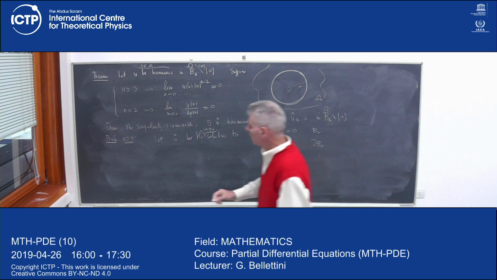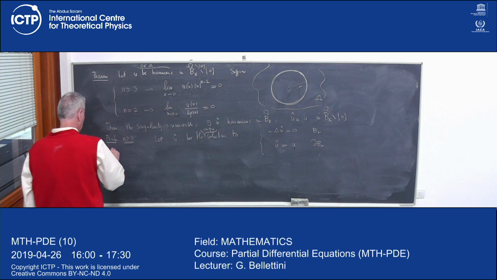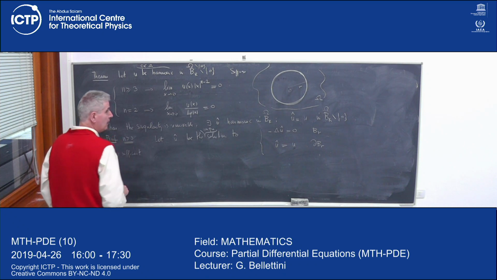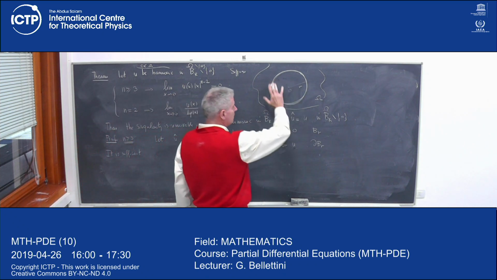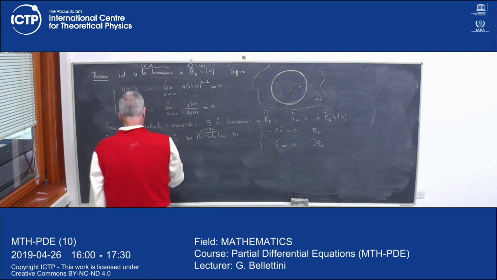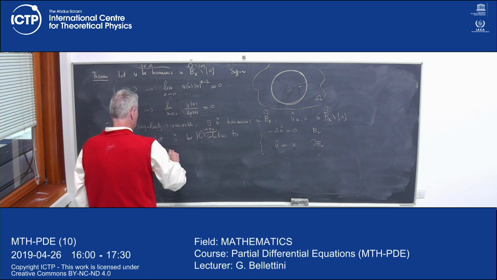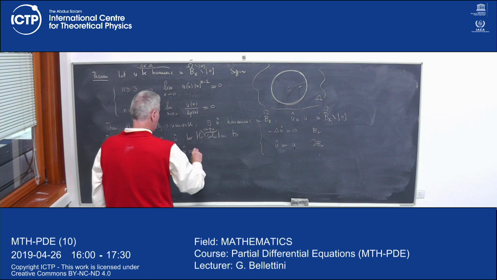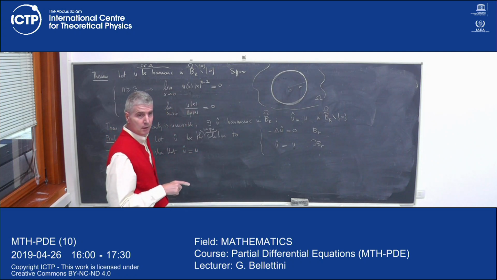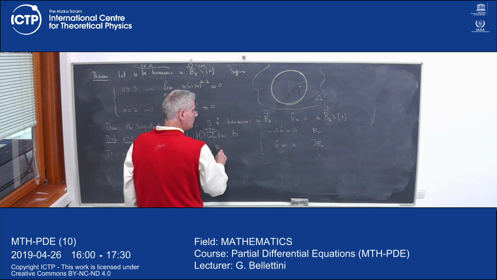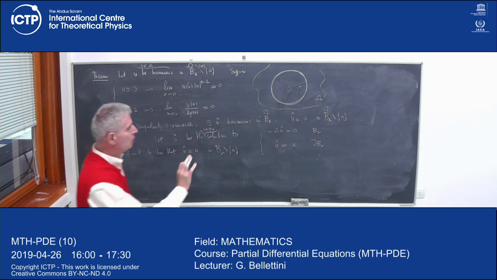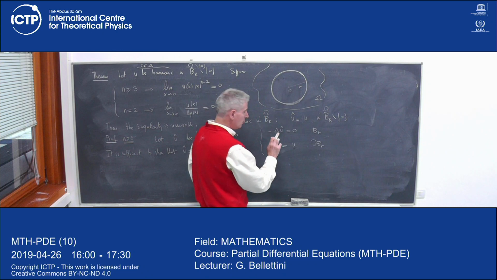So it is sufficient to show that u hat is equal to u inside the ball minus the origin. Maybe u hat is not a good symbol, sorry. So let me call this v.